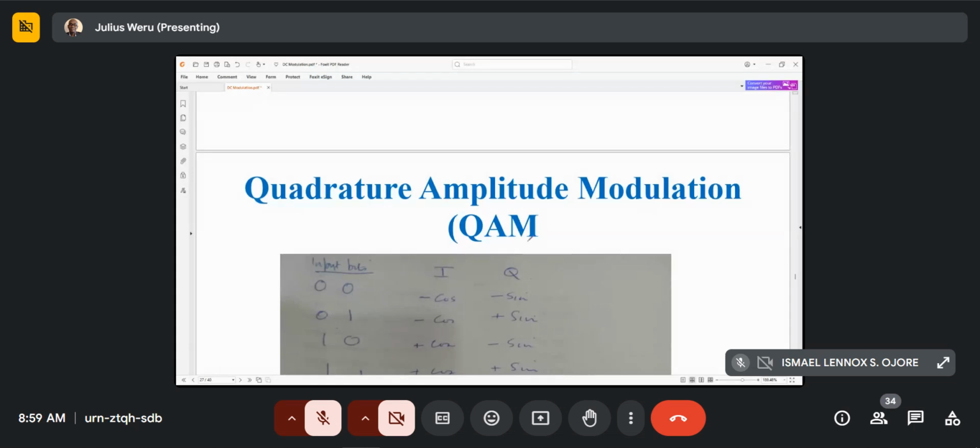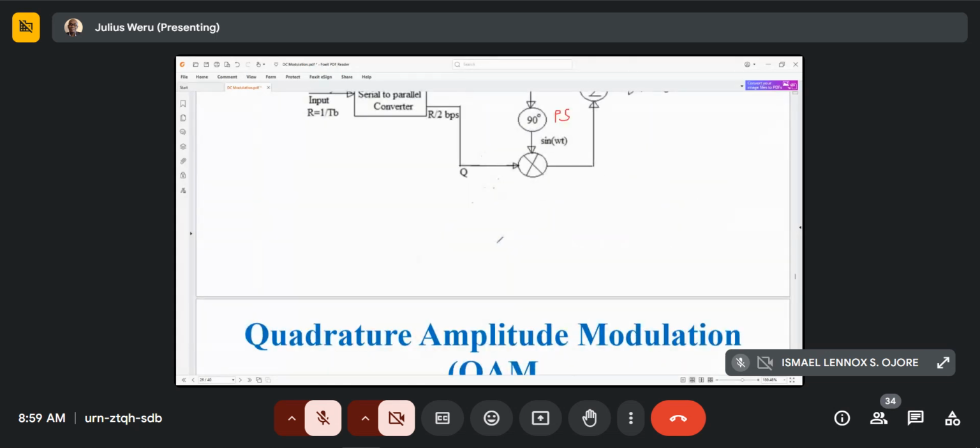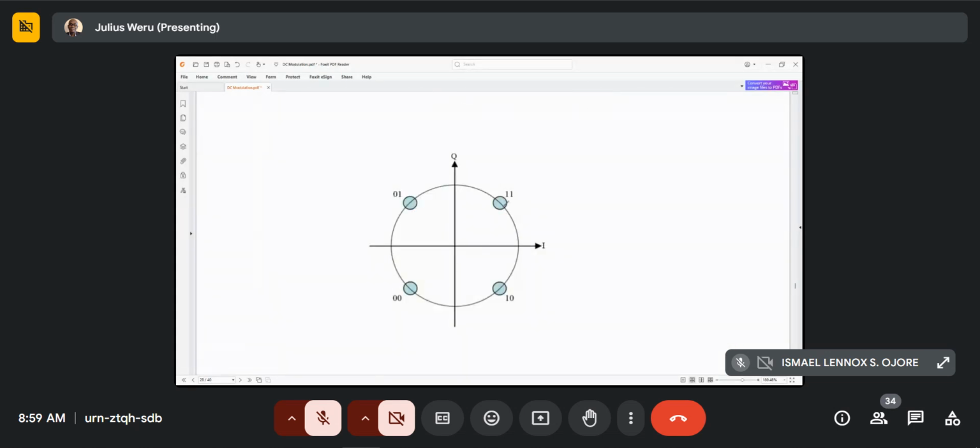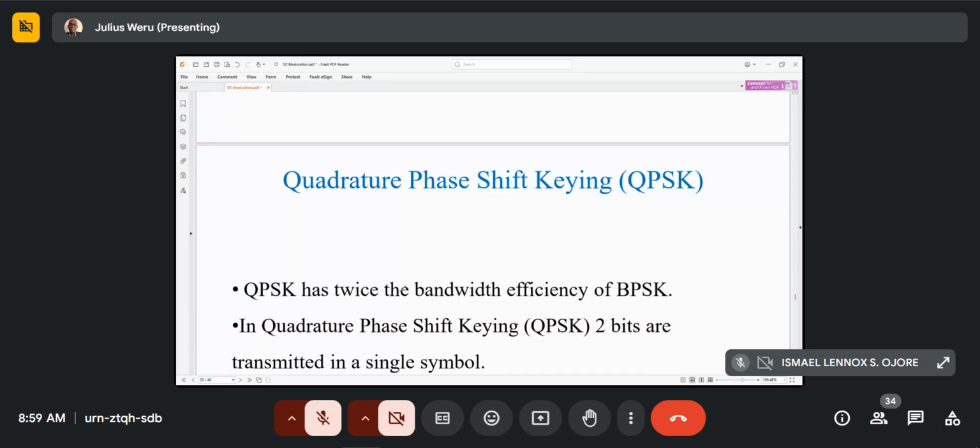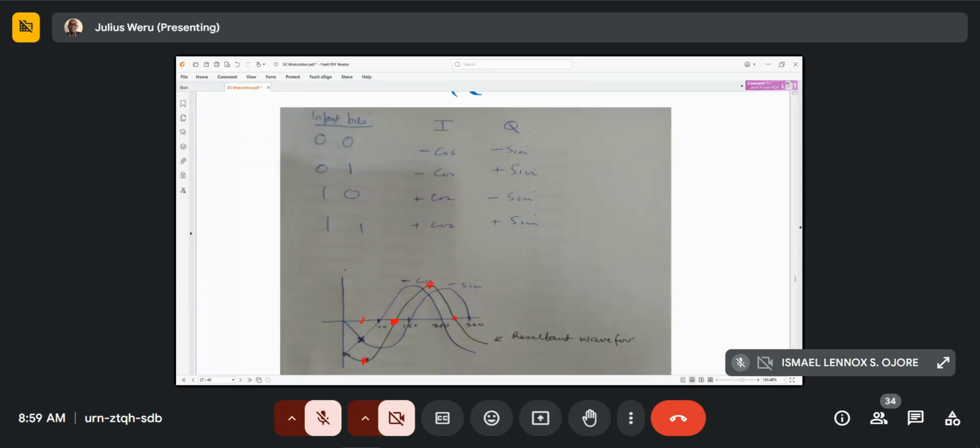I'm unable to interpret my own drawing here. But you can see now the resultant, of course, varies, and that is the variation you transmit, and that's what you detect at the other end.